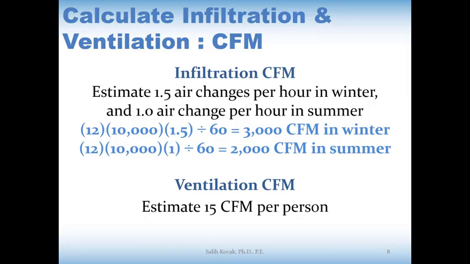You can use the table, but you have to select a minimum of 15 CFM per person. We said there were 320 occupants, students and teachers altogether. So CFM per person times the number of occupants, 15 times 320, is 4,800 ventilation CFM required for all year.